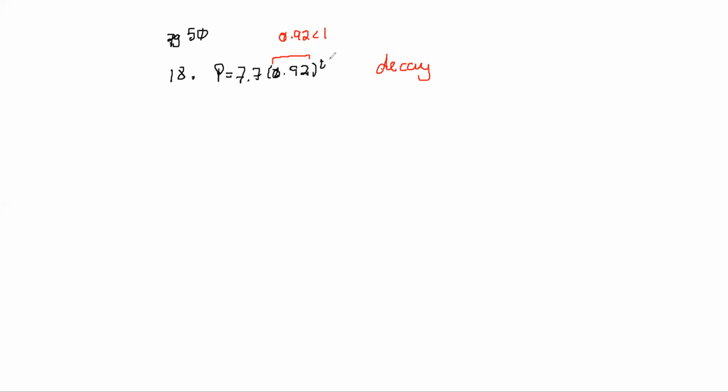Okay. So what is the initial quantity? 7.7. How do you know that? Yes. So what we're going to do is, this is a function p of t.